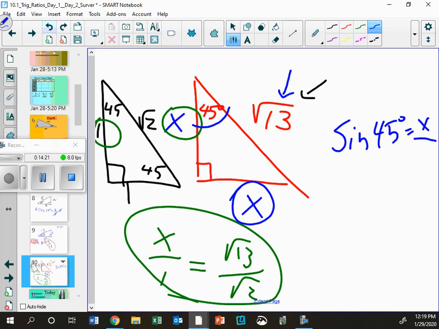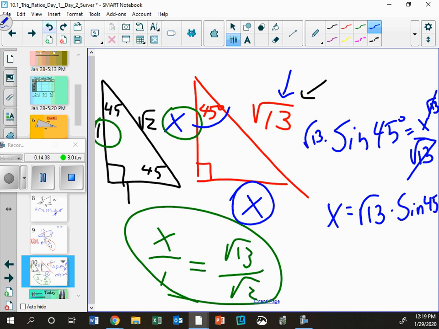Hypotenuse is root 13. And this way, you'd leave it with multiplying by root 13 on both sides. x is root 13 times sine of 45. If you leave it like that on the test, I will have to mark it wrong, though. You know why? Because you know what the sine of 45 is.